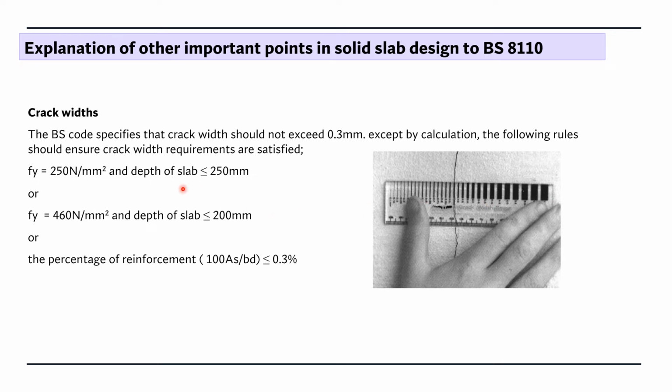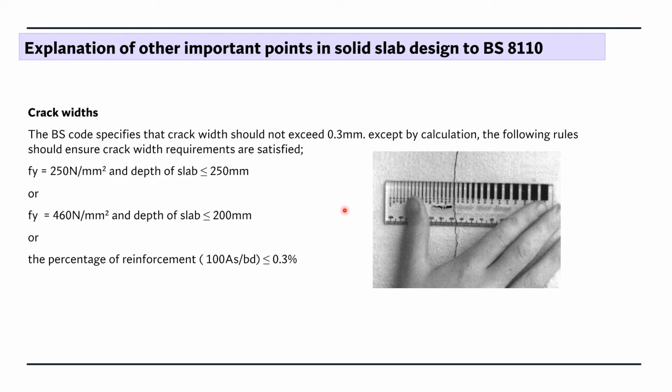Crack width. BS code specifies that crack width should not exceed 0.3 millimeters. Except by calculation, the following rules should ensure crack width requirements are satisfied.